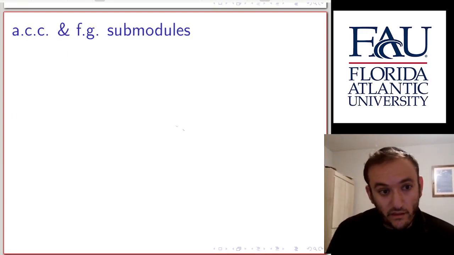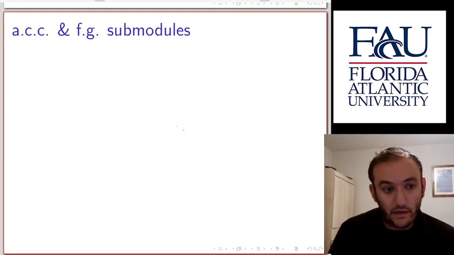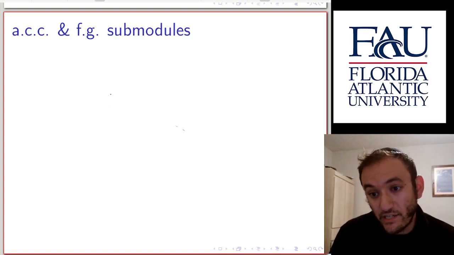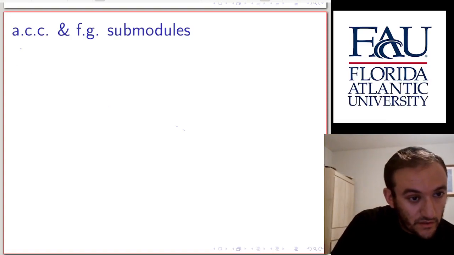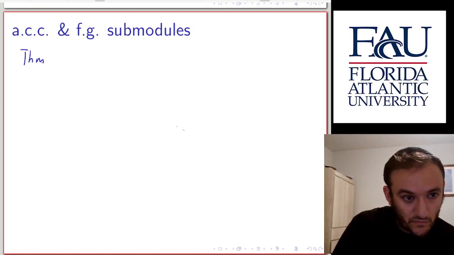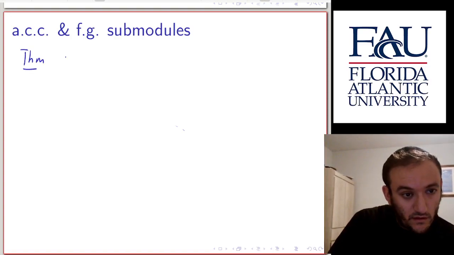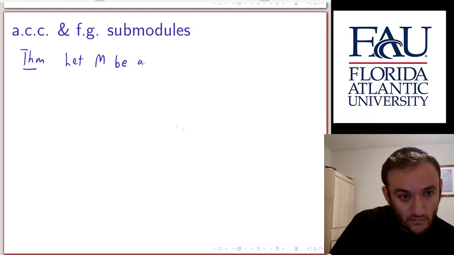We start with a result relating the ascending chain condition and finite generation of submodules. So the theorem is as follows. Let M be a module.